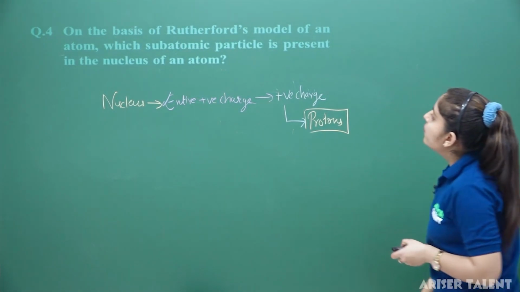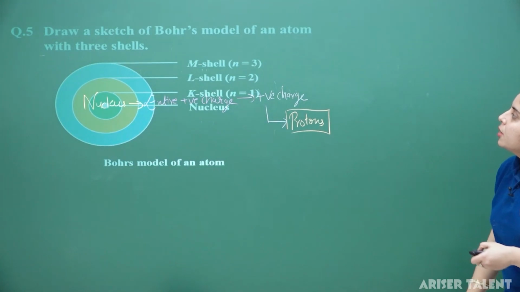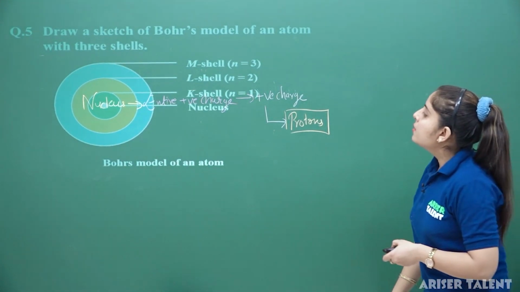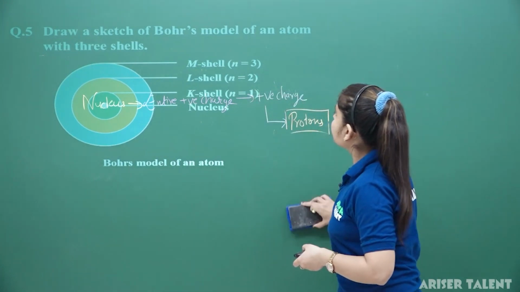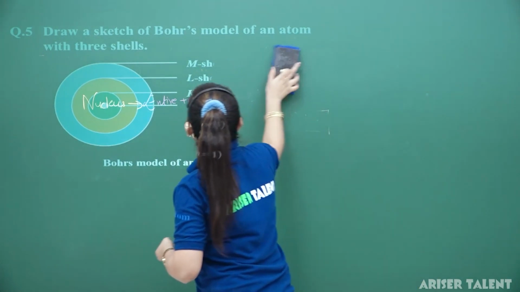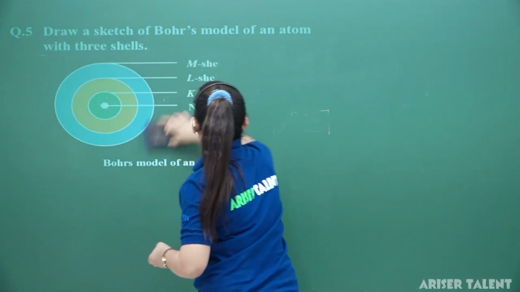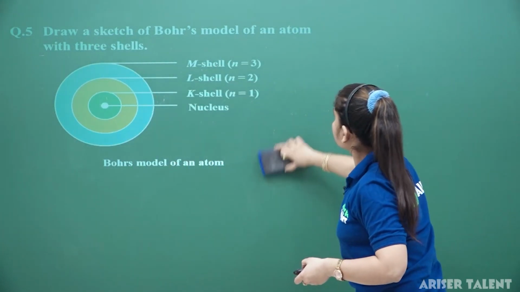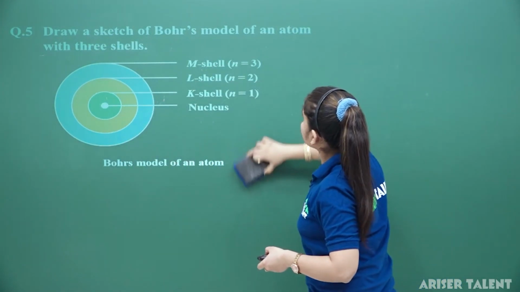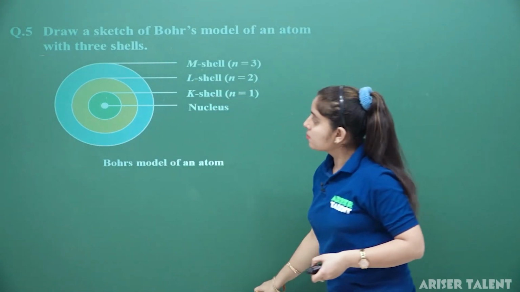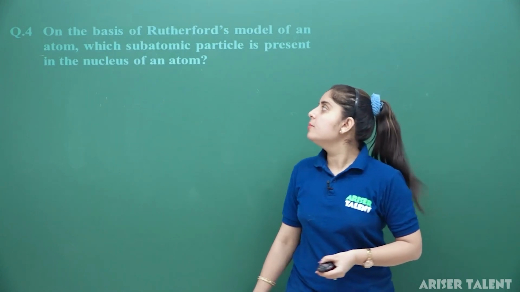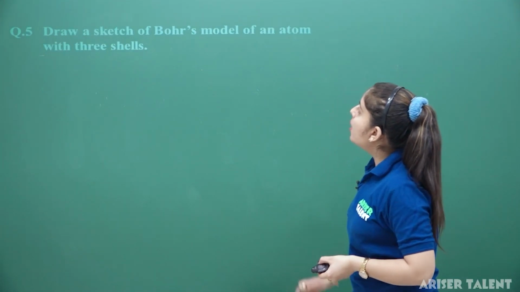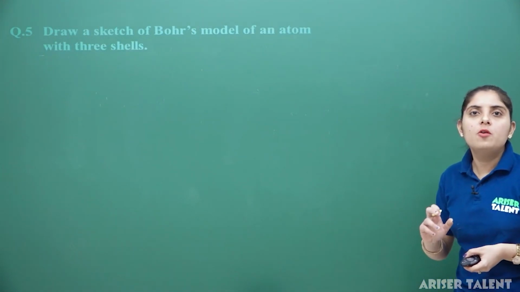Now we will have our fifth question. Draw a sketch of Bohr's model of an atom.